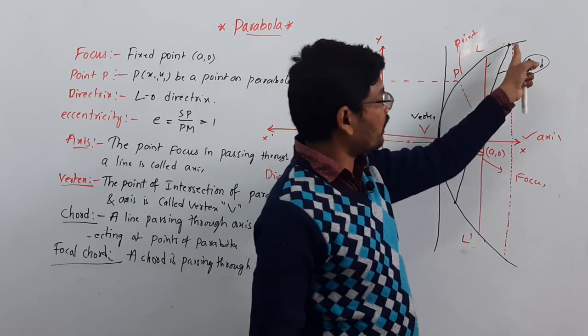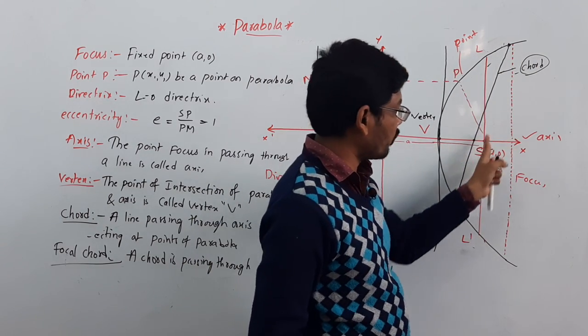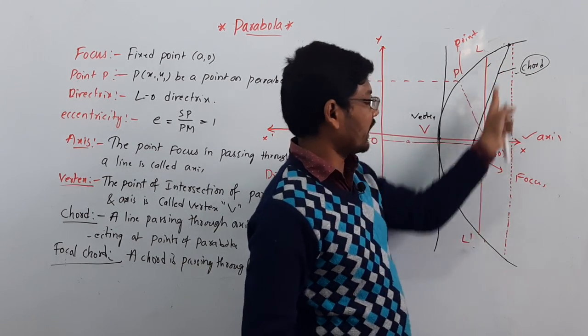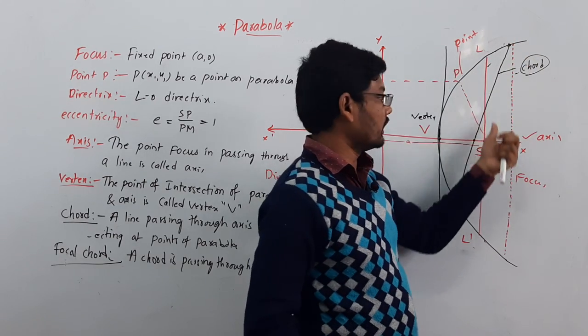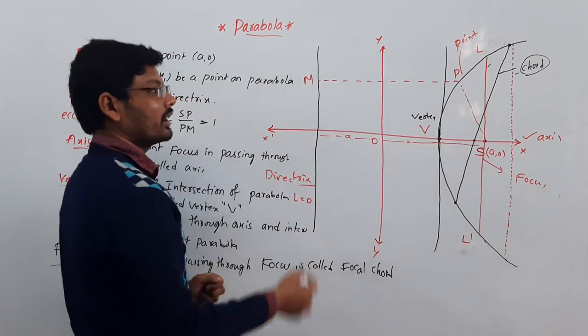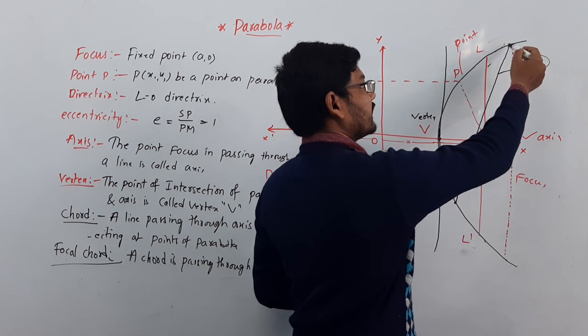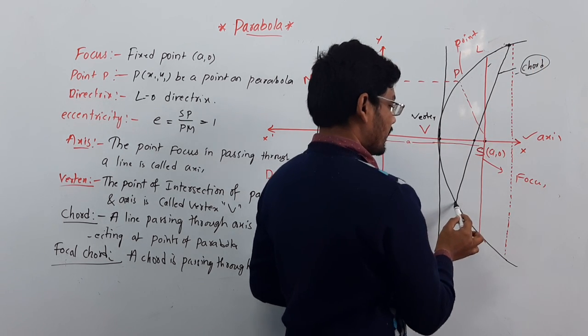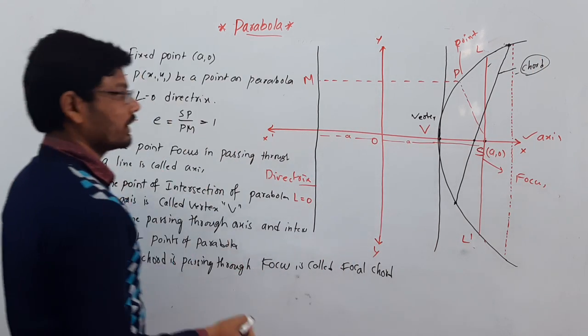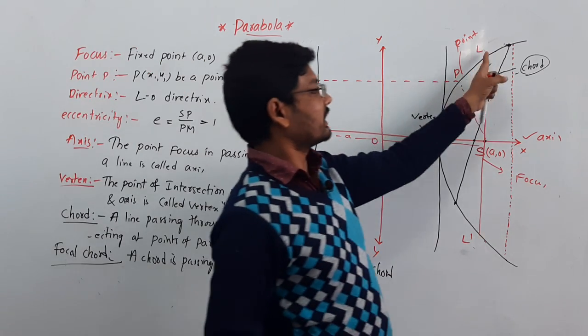Here, one more chord is passing through this focus point and intersecting at 2 points of the parabola, and that is called focal chord. A normal chord is a chord passing through the axis and intersecting at 2 points of a parabola.